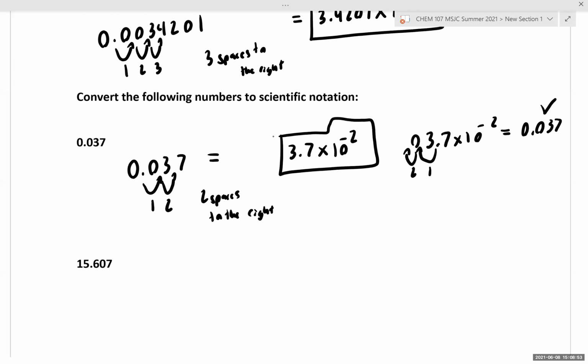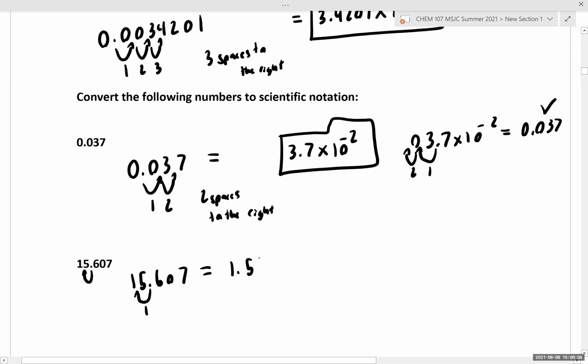You can move the decimal point to the left once, and it would be 1.5607 times 10. Yep, exactly right. So we have 1.5607. To get a number between 1 and 10, we move our decimal point 1 space to the left.